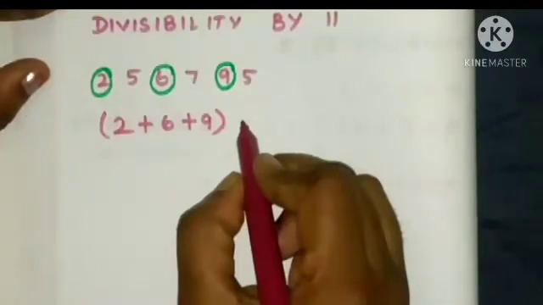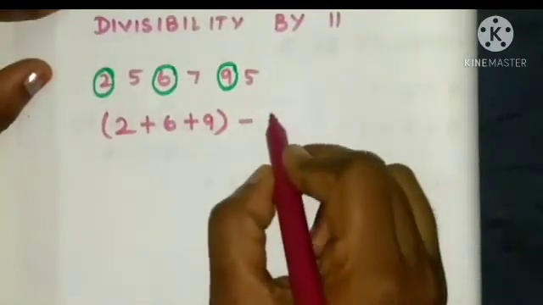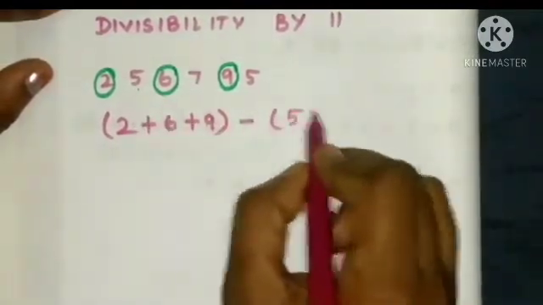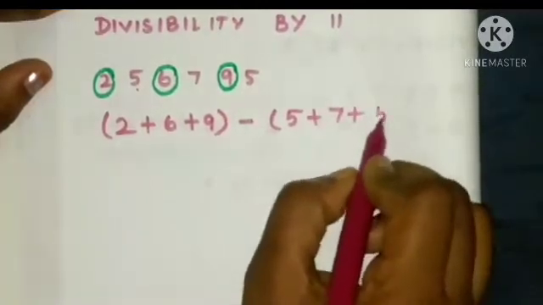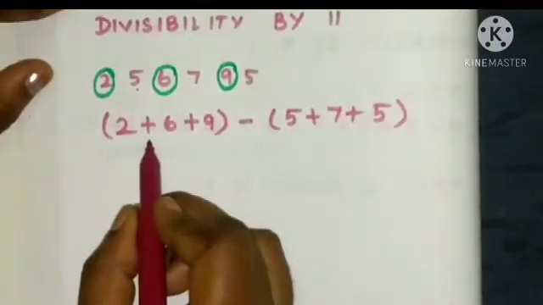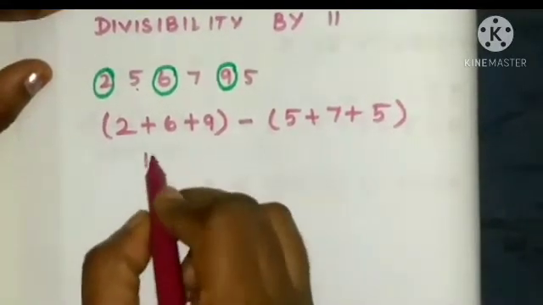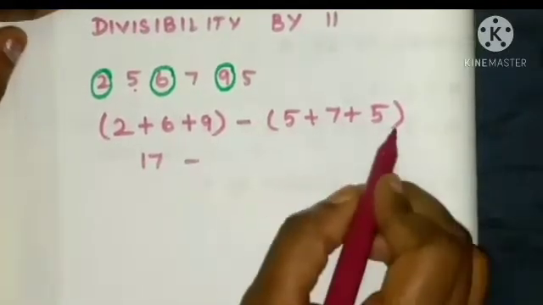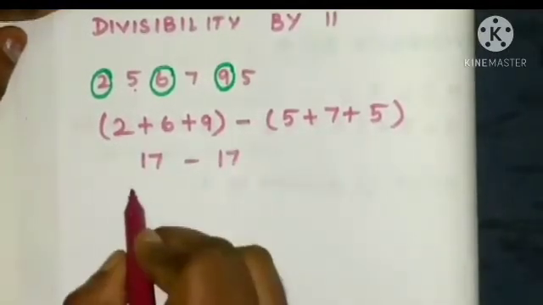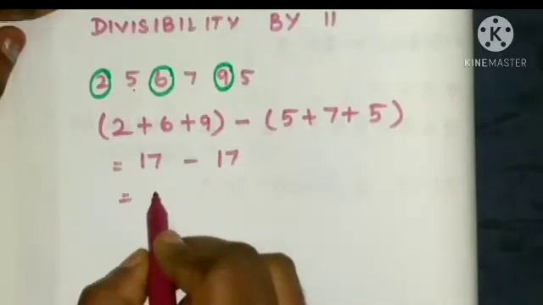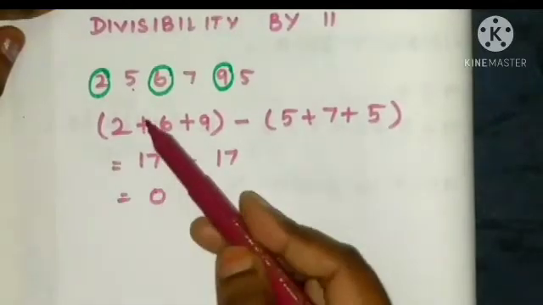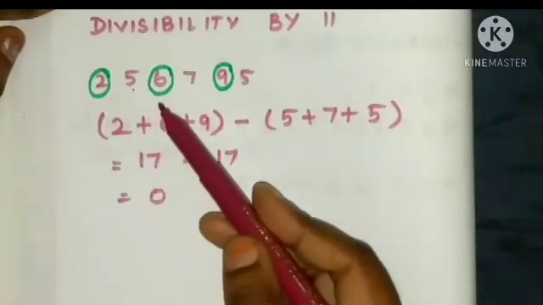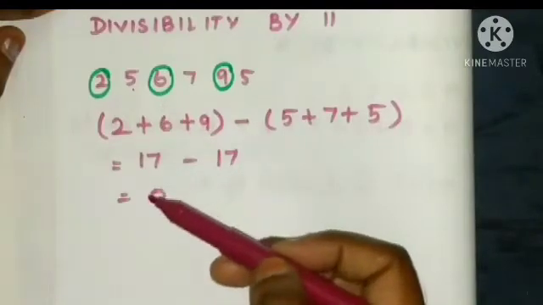Difference means what you have to find? Subtraction, minus. Then 5 plus 7 plus 5. 2 plus 6 plus 9 is 17. 5 plus 7 plus 5 is 17. 17 minus 17 is 0. So 2,56,795 is divisible by 11.